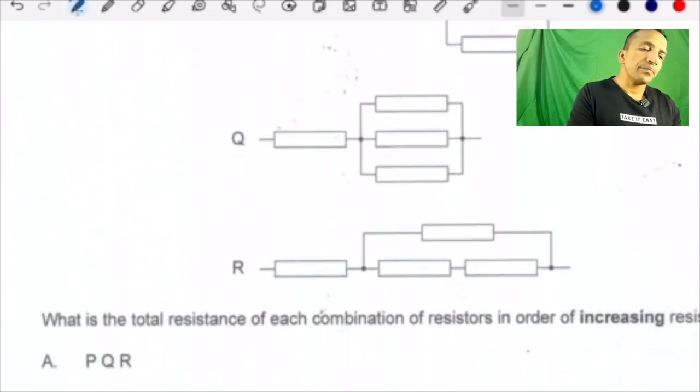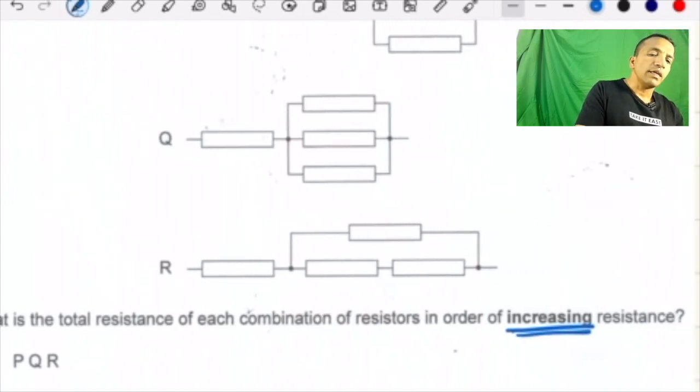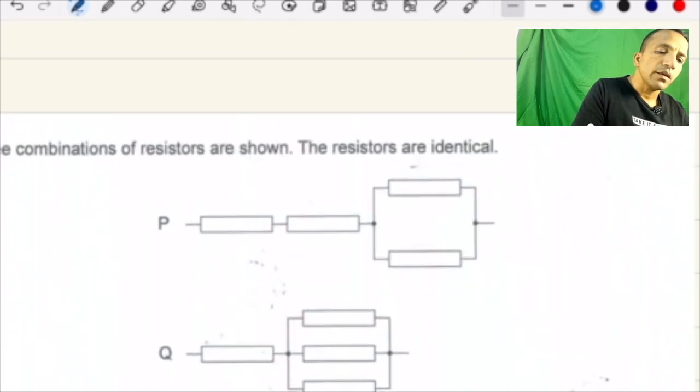Question 10. They ask what is the total resistance of each combination of resistors, in increasing resistance. Okay, so we should have the smallest to the largest resistance. So resistor combination, that's not very difficult.